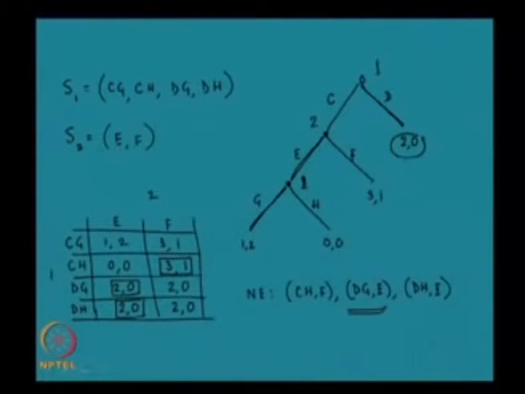Therefore, from player 2's point of view, he is doing the optimal thing. From player 1's point of view, there could be two sorts of deviations. One could be after the empty history.